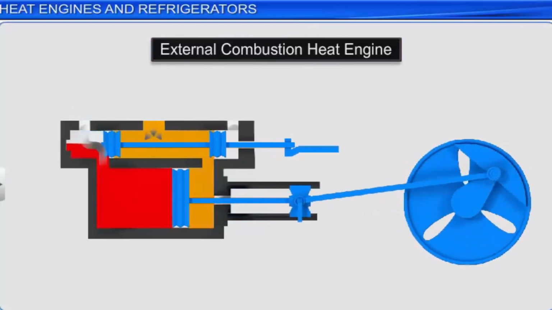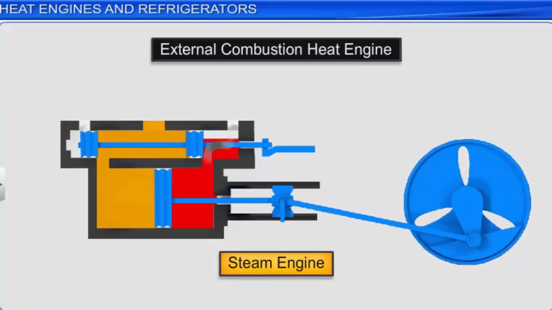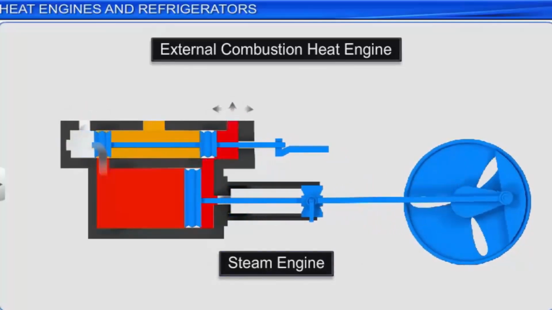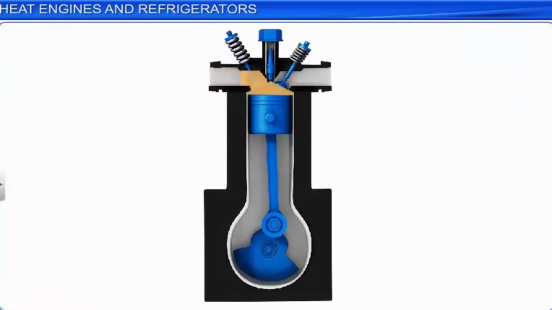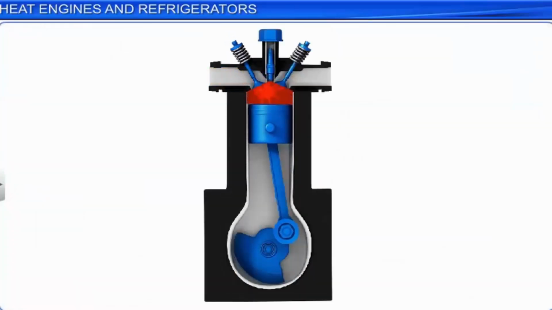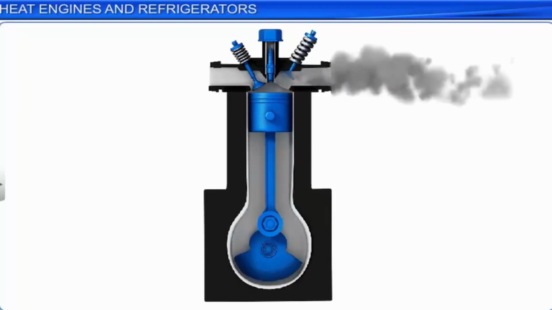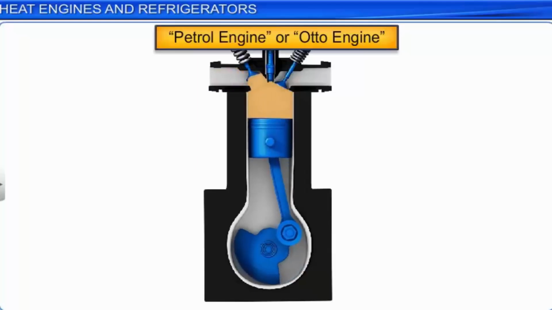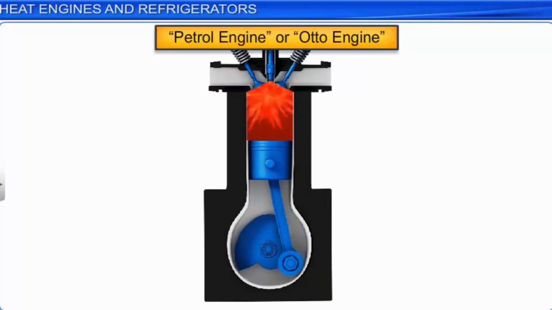The steam engine is an example of an external combustion engine. Let us discuss a 4-stroke petrol engine. This is also called an Otto engine as it was first invented by Otto in 1876.